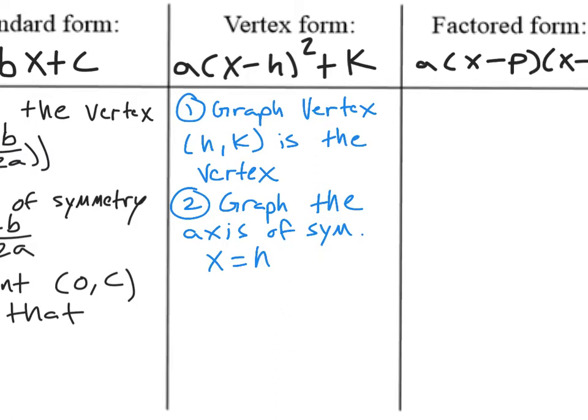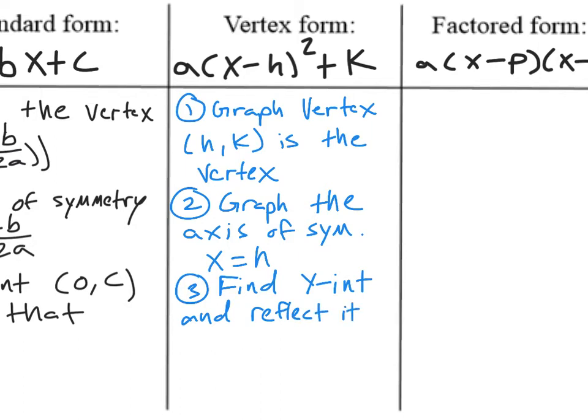It's just h, right? x equals h is the vertical line that gives it symmetry. Same thing, find the y-intercept and reflect it to get another point.